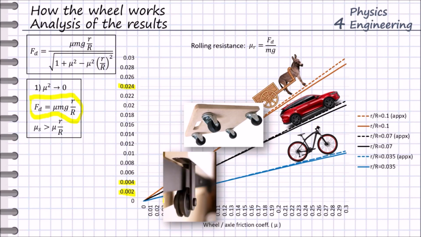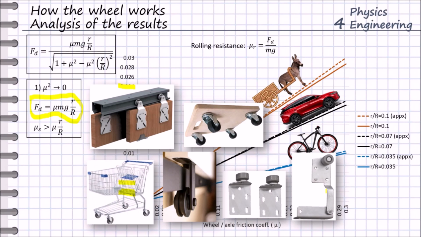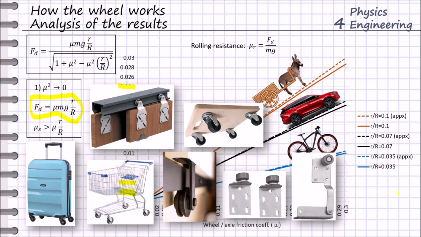So this is some roller on the furniture. This is furniture as well. So any kind of rollers in a mechanism which are intended to reduce the resistance to the motion can be calculated by this equation, I believe. This can also be the shopping basket or travel bags or whatever.